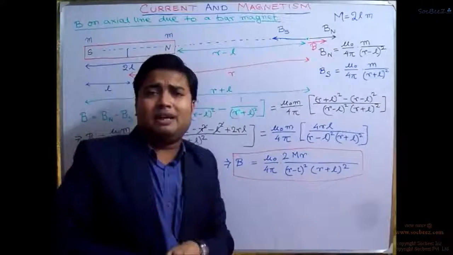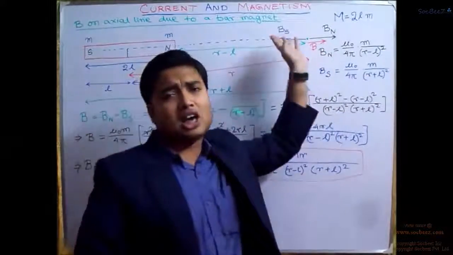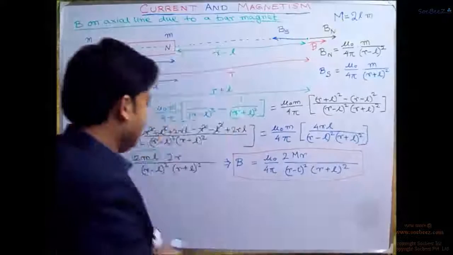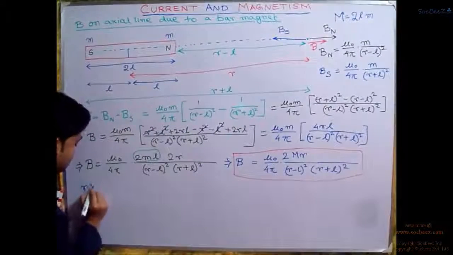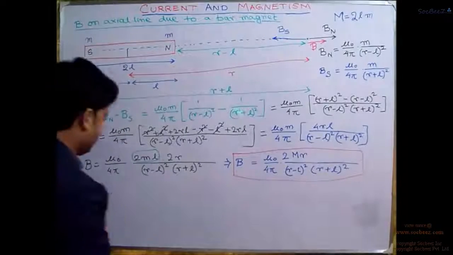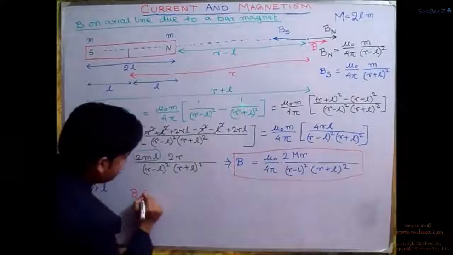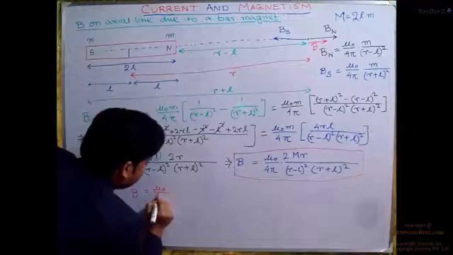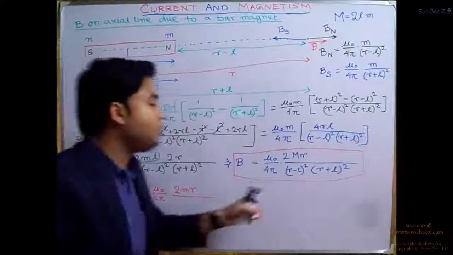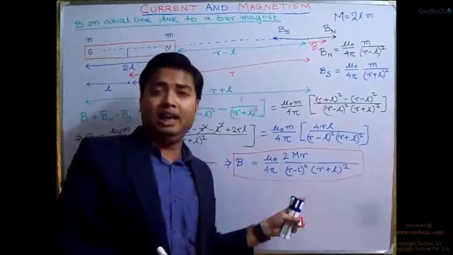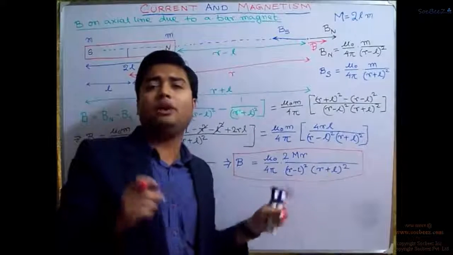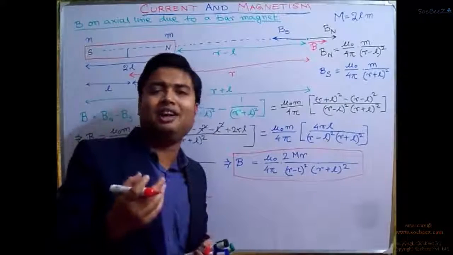Now in many cases it is seen that this point is very, very far away and this R is very, very greater than this 2L or this L. So if this R is very much larger as compared to L, then obviously we can write B equals mu naught divided by 4 pi multiplied by 2mr divided by, we can omit this L, because 1 million subtracted by, say for example, 0.1, will be very near to 1 million.